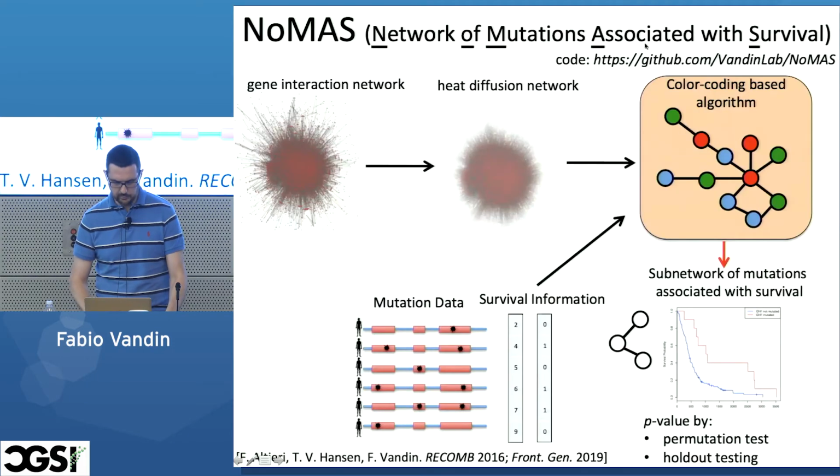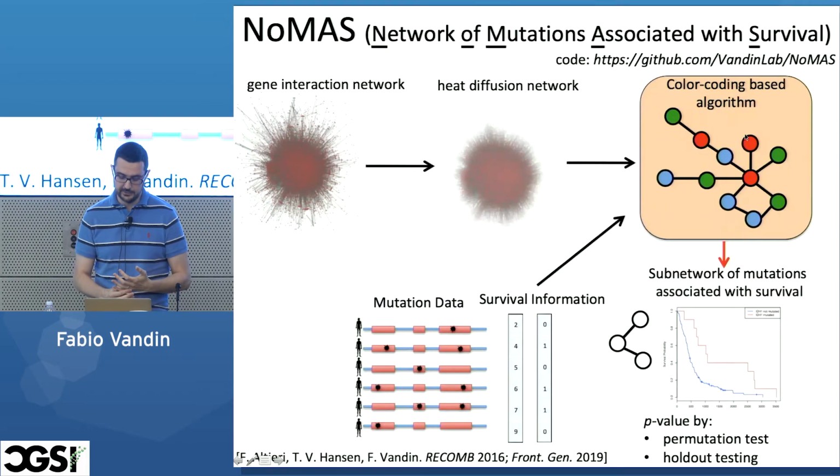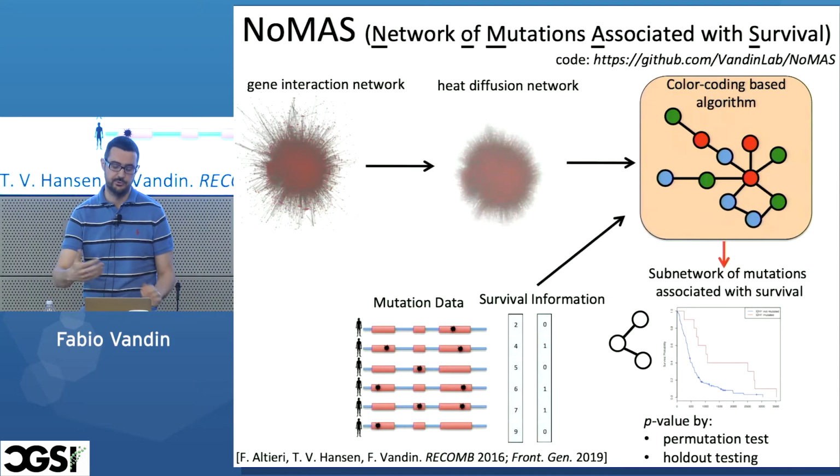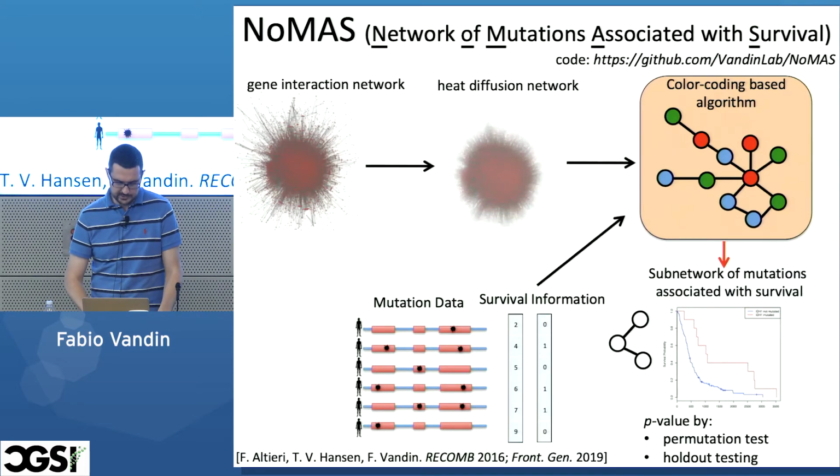And lastly, I want also to highlight the fact that we have developed methods to identify subnetworks that are associated with survival in cancer. And this is some work that started many years ago, looking at mutations associated with cancer, but only this year actually we published the journal version for finding the subnetworks associated with cancer.